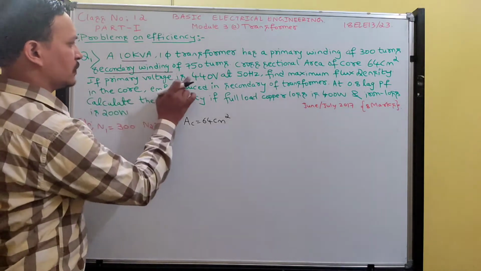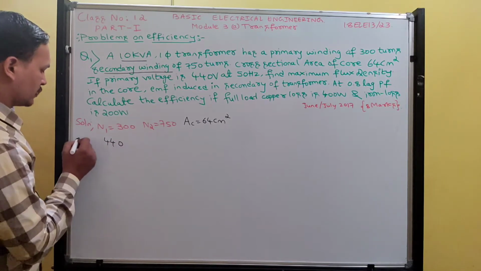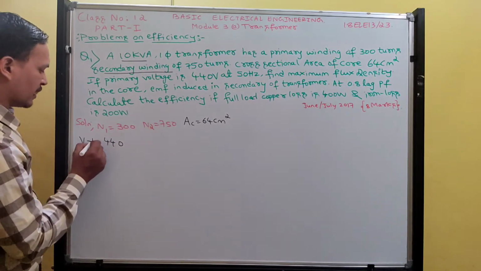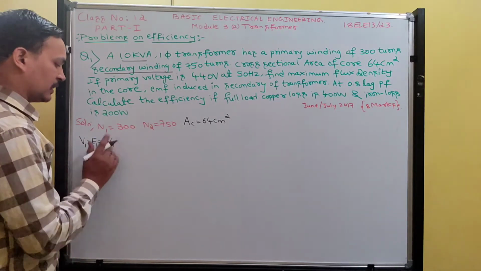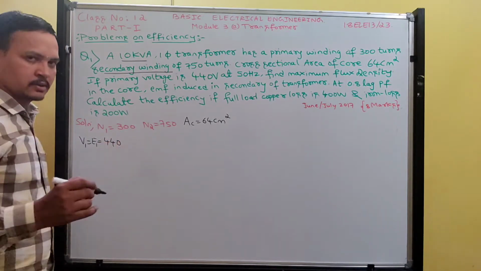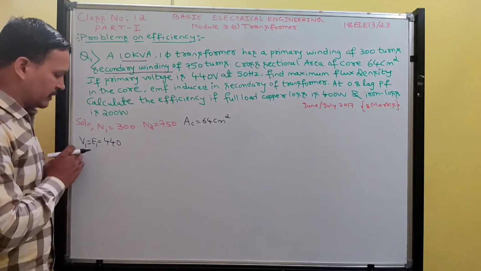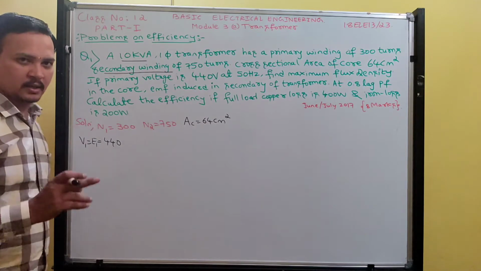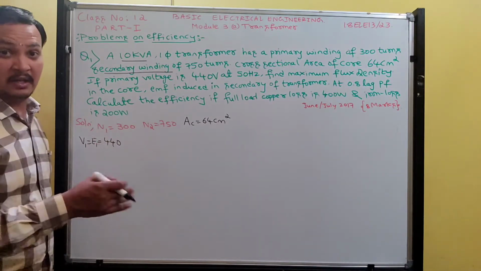And the primary voltage is connected at 440 volts, so V1 and E1 both are the same. Practically they are not equal, but since you are first year students, you can consider V1 equal to E1. In higher topics, in third semester, they are going to study the transformer in detail.